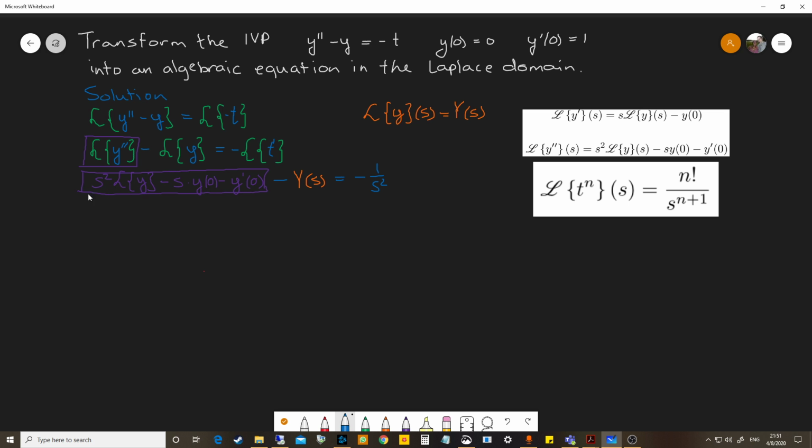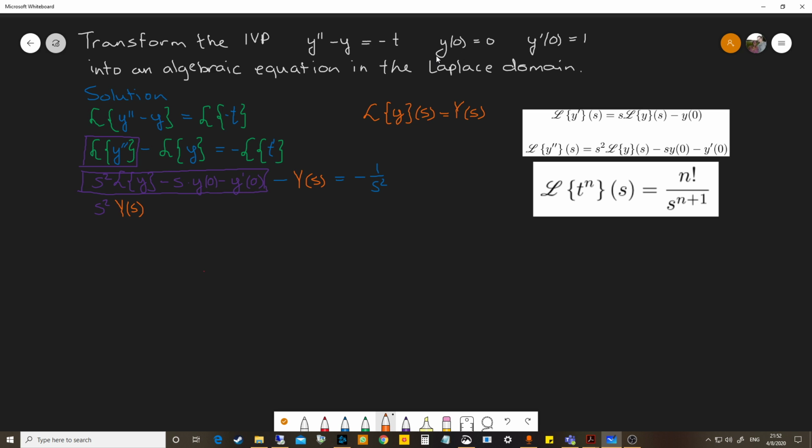Okay, let's clean this up a little bit. So we have s squared times the Laplace transform of y, and we're using Y of s for that. Then minus s times y of 0, and y of 0 is an initial value.